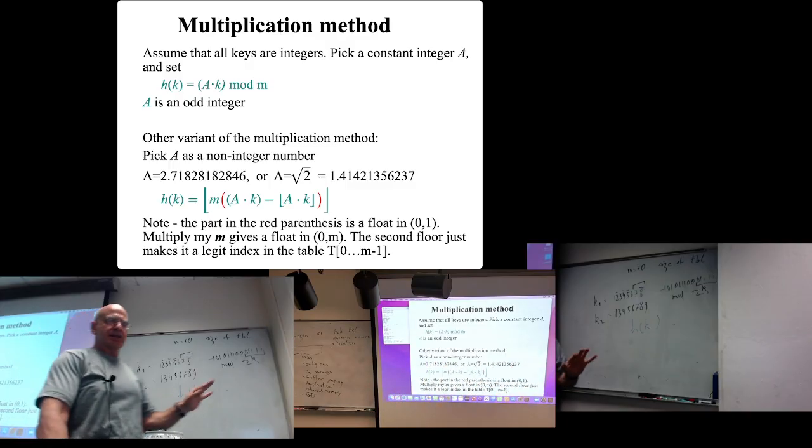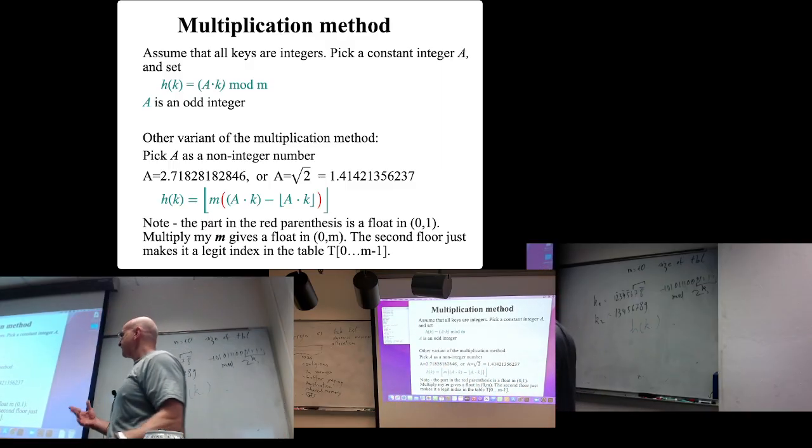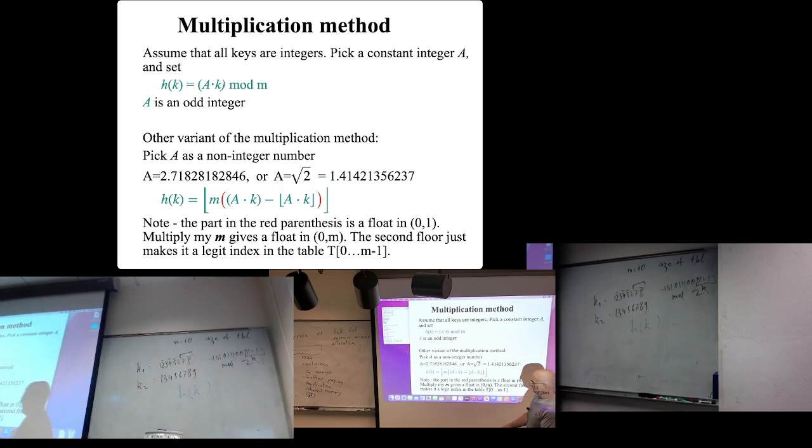And again, I'm under the assumption that k is just an integer or at least a number, but not a string. We will talk about strings later. How do we hash strings or very long text? Here, k is a number. And I pick a as a constant, and I want this constant to have a lot of digits. Lots and lots of digits after the decimal point.